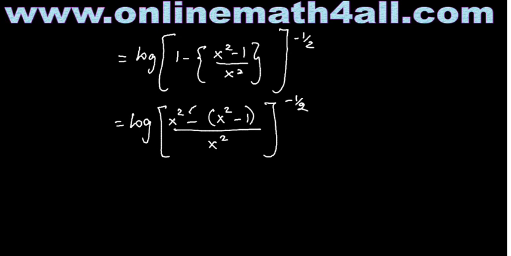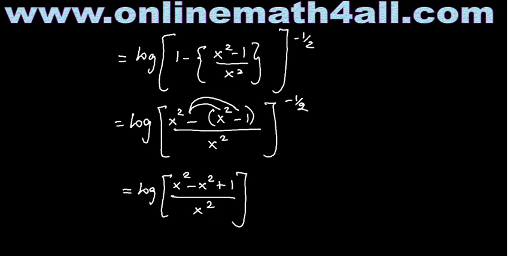Now I am going to distribute this negative sign to x square negative 1. When I do so, log x square negative x square positive 1 over x square to the power negative 1 over 2. So this negative x square positive x square will get cancelled.